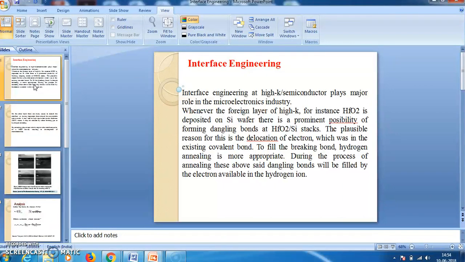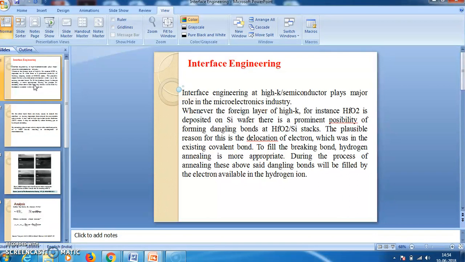Whereas if you keep on reducing the thickness of the oxide layer on the semiconductor down to the nanometer level, silicon dioxide is not performing well and those devices show high leakage currents. Whenever a device shows high leakage currents, that particular material is not suitable for the device application.